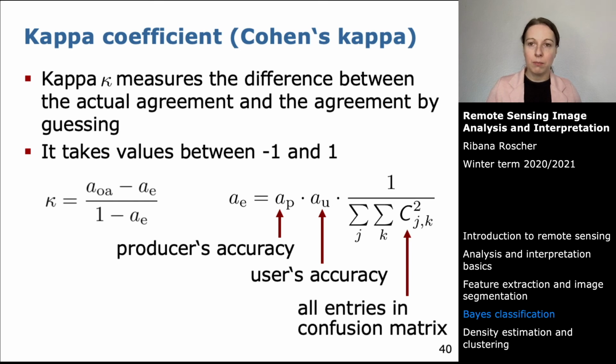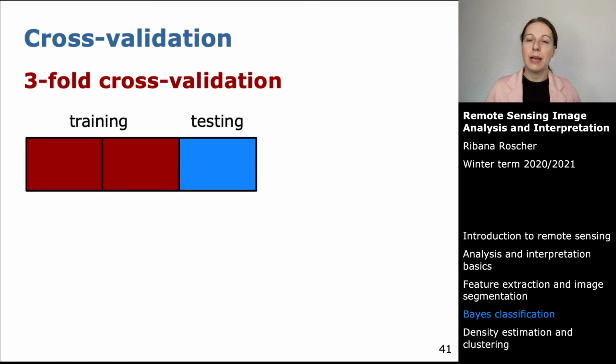So this is always a good combination, that you produce the overall accuracy, the average accuracy, and kappa coefficient. There are some more. It always depends on your application. So think about what would be good to show others how good your model is and how good your classification result is. And one last thing I want to add is the so-called cross-validation.